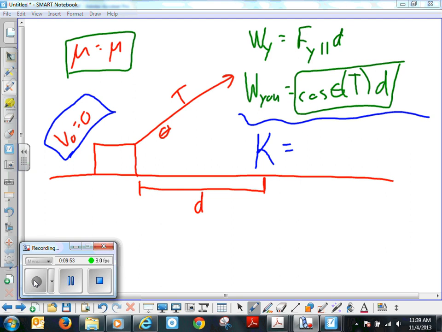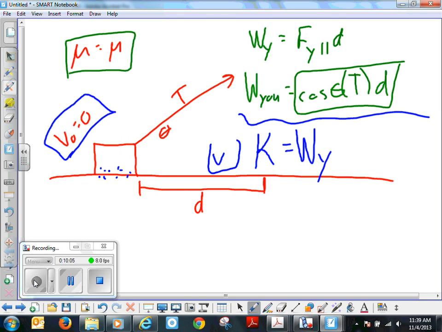Part of that work is going to go into moving these particles more. That's the friction part. But the other part of the work is going to come out in a velocity here. So kinetic energy is the work you do minus the force of friction. That is called the net work kinetic energy theorem.